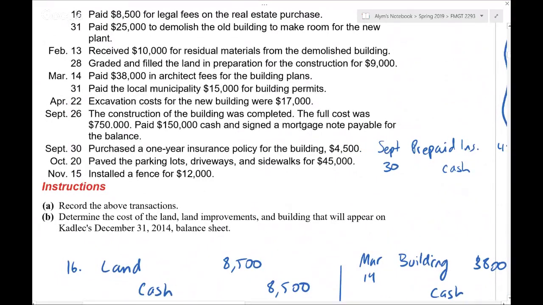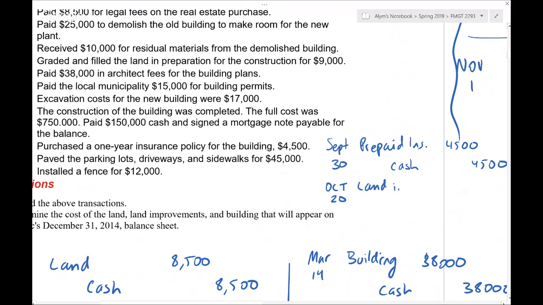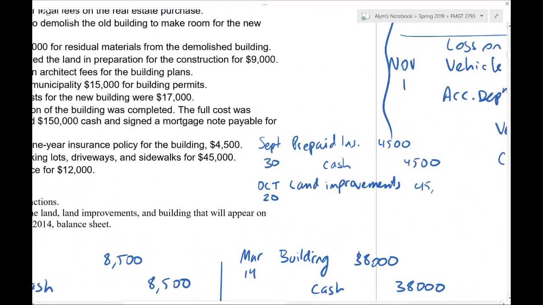Paved the parking lots, driveways, and sidewalks for $45,000. This is October 20th. Debit land improvements. Credit cash.